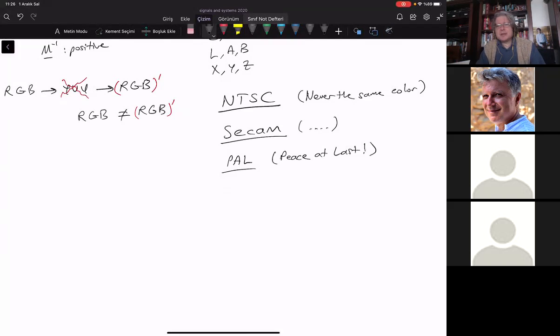It's peace at last because it's a good conversion matrix with minimal negativity, and the intensity and the color differences are good. That's why the old day TVs of Europe were looking better than the American TVs.